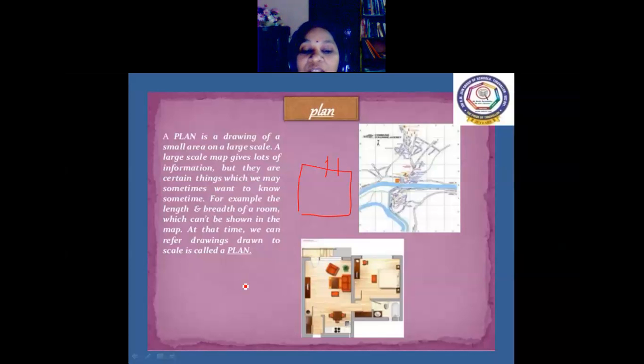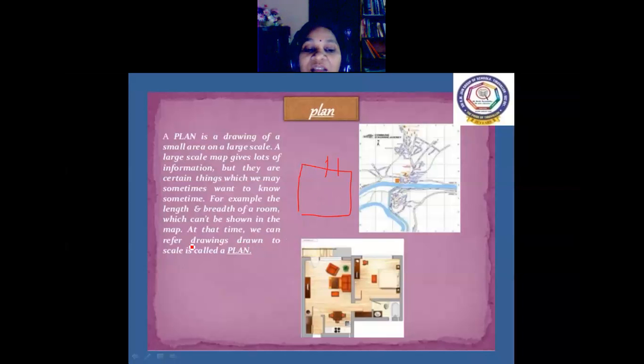If a room is 10 feet long and 10 feet broad, the total is 10 into 10, which can't be shown in the map. We can't show that 10 feet in the map. At that time we can refer to drawings.